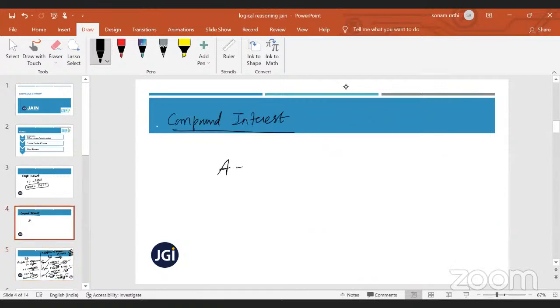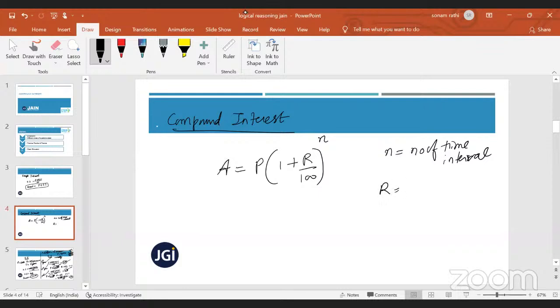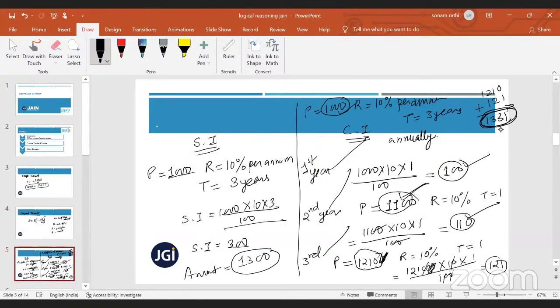The formula is amount A is equal to principal P into (1 plus R by 100) to the power n, where n is the number of time intervals, R is the rate of interest, and P is principal, A is amount.